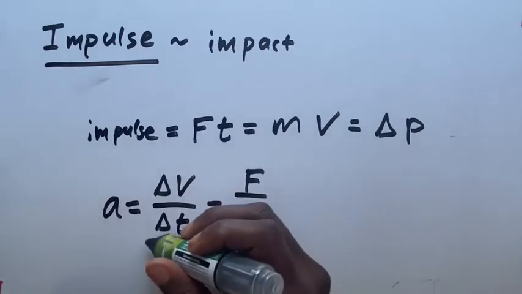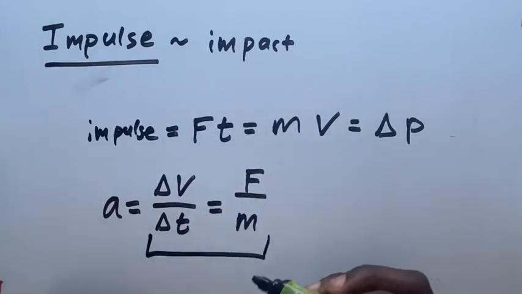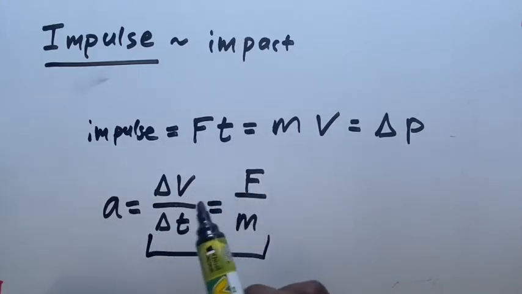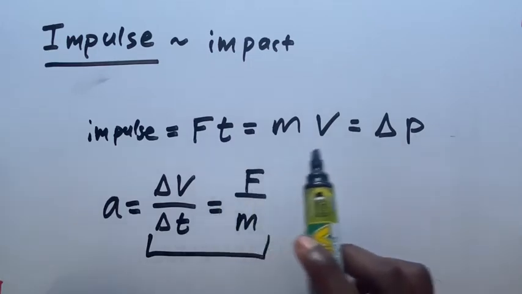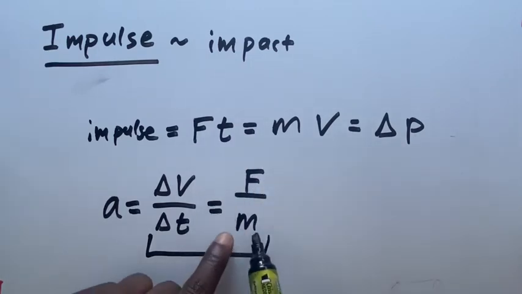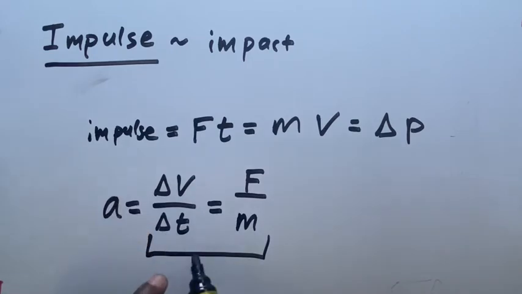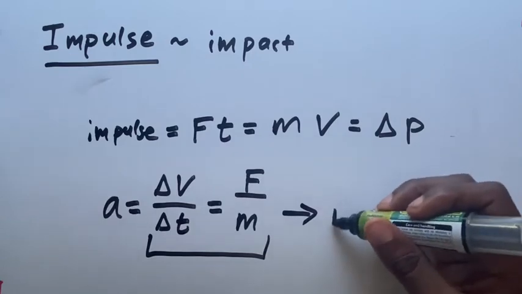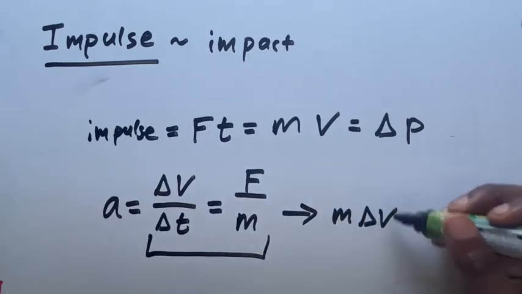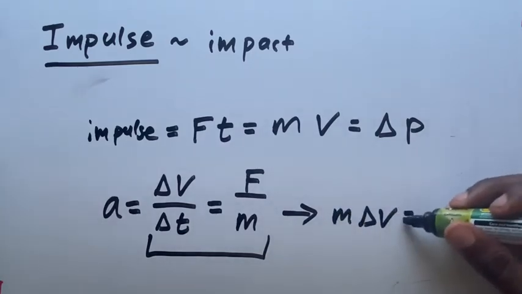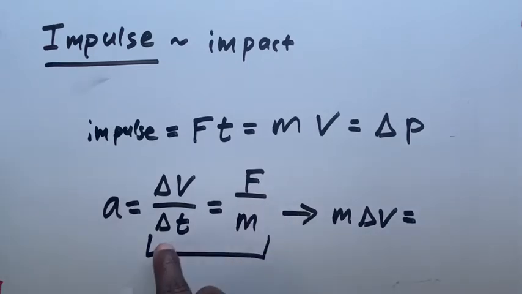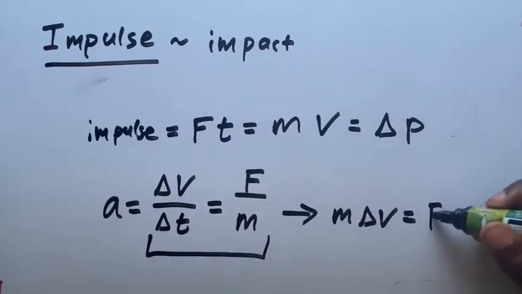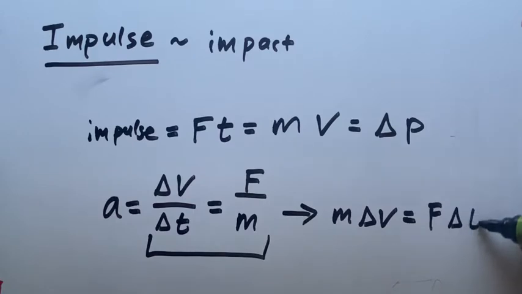And now, just using this part here, I can rearrange this to get what I have up here. If I take this m and multiply it to the other side, and take this time and multiply it to the other side, I get mass times the change in velocity is equal to the force times the change in time.